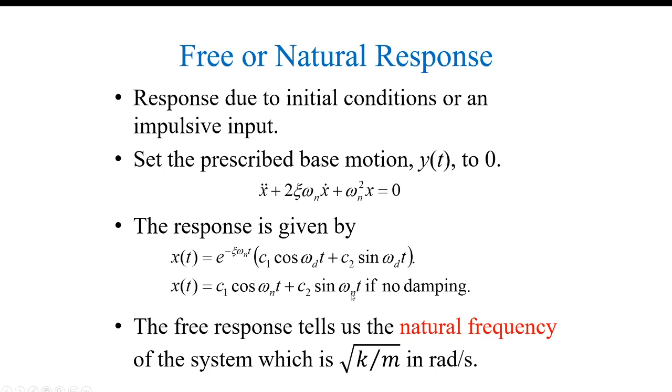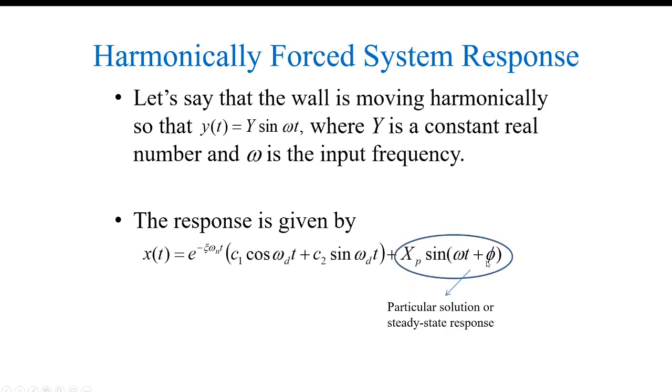The free response tells us various things, and one of the most important is the natural frequency of the system in the absence of damping. In the presence of damping, you get the damped natural frequency and the exponentially decaying envelope.